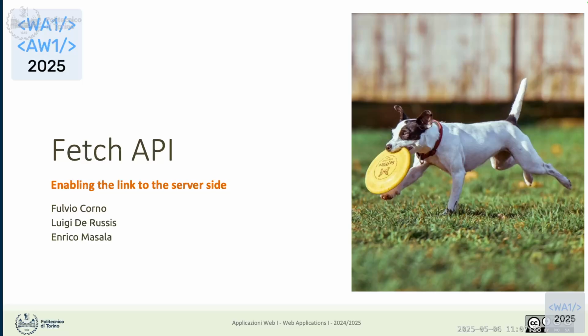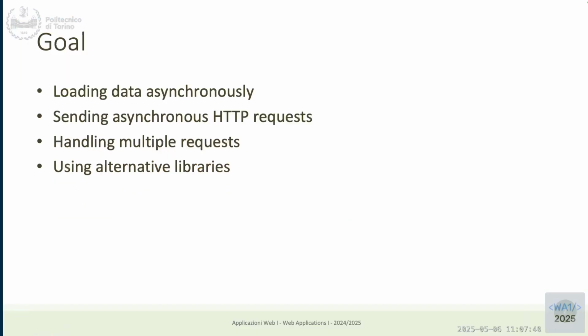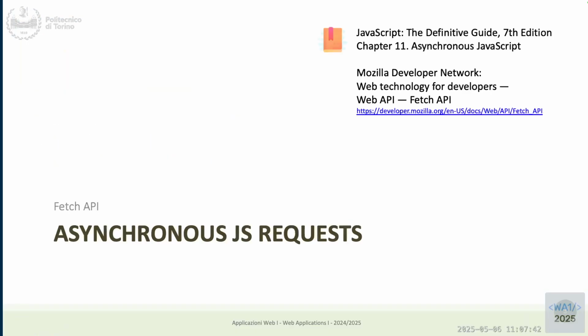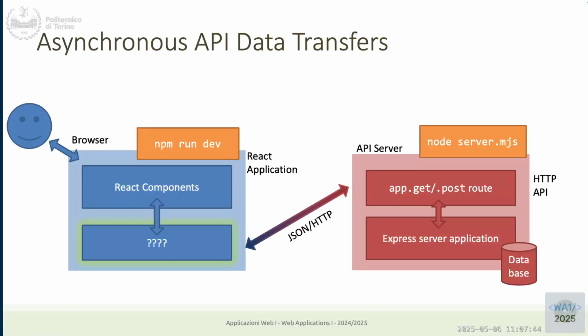Fetch is a function that allows a client, a browser, to initiate some call to an outside server. So it makes an HTTP request. So we have our component that needs to call an API that is running on some server.